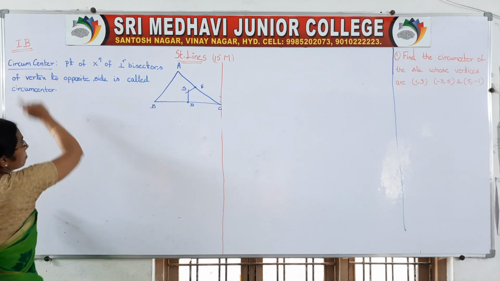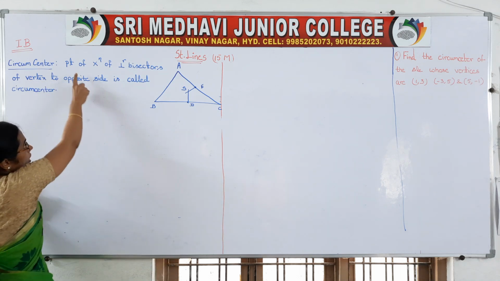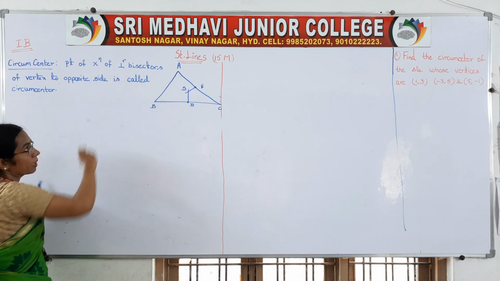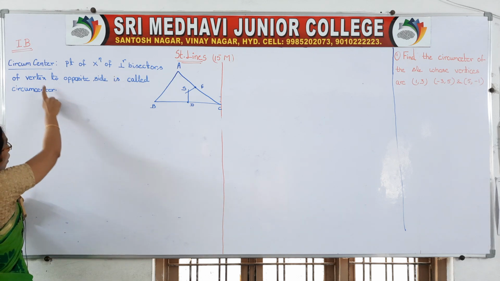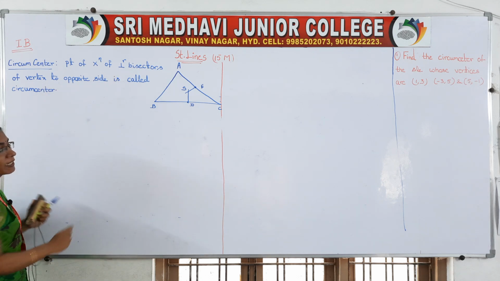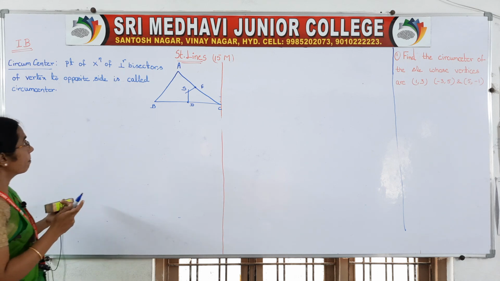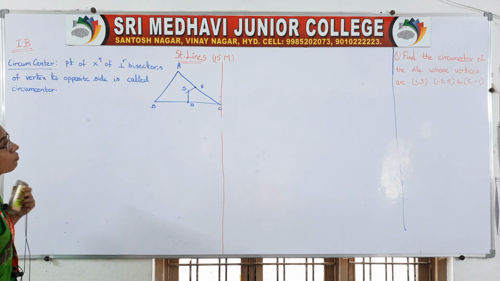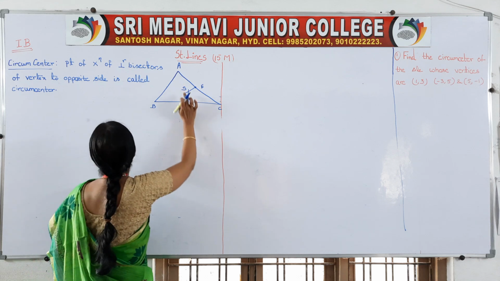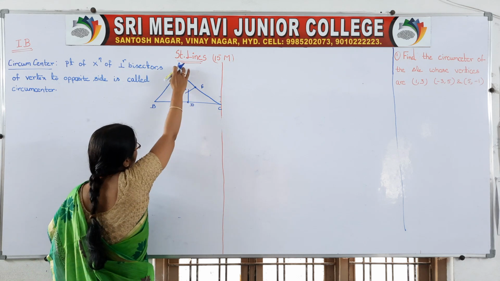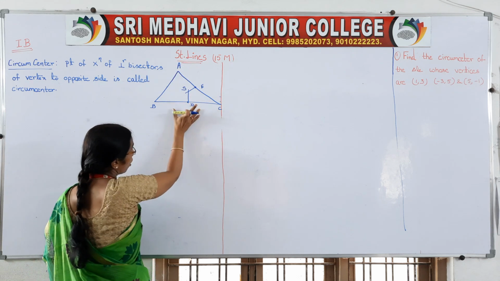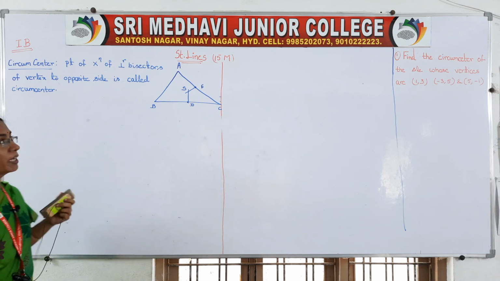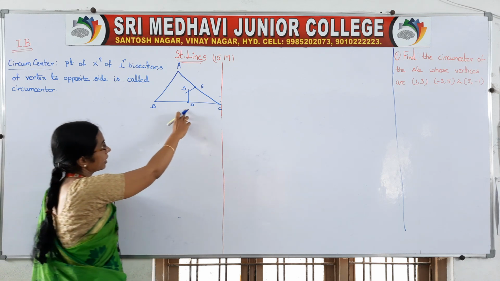Circumcenter is nothing but the point of intersection of the perpendicular bisectors of the sides opposite to the vertices. So very simple, right? We take perpendicular bisectors of the sides opposite to each vertex.